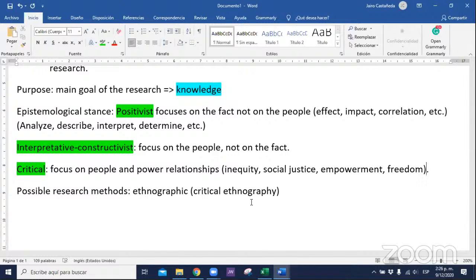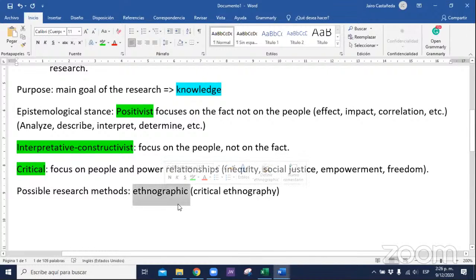Those are the things that you can include from a critical perspective. So if you assume that your epistemological stance is critical, you can also take ethnography as something critical. Your focus is going to be on these power relationships and these different aspects depending on your own interest, okay?